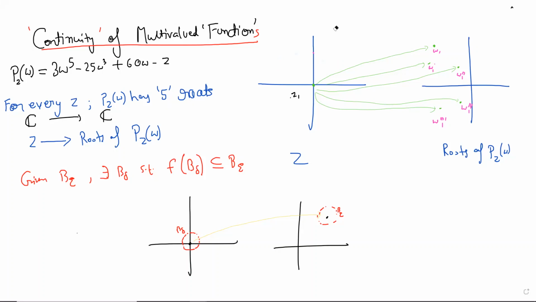But the point is, coming back to this, as you expect it to be, we are saying that given any neighborhood, let's say epsilon neighborhood, there exists a delta neighborhood. Yes, there exists a delta. So delta neighborhood.